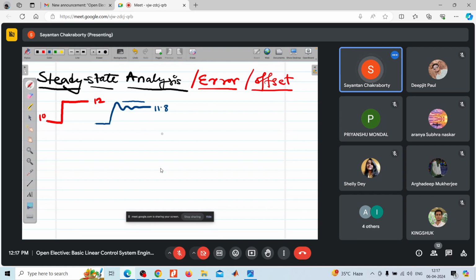So it can also be attributed to the fact that there is a particular property of the system, that we'll discuss right after this, that allows the system to follow only a certain type of input signals, and beyond that it cannot follow.